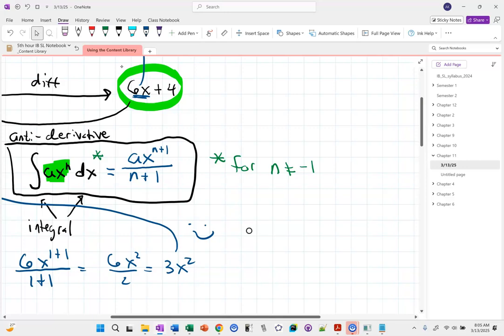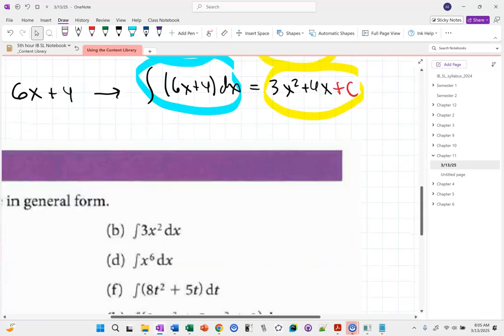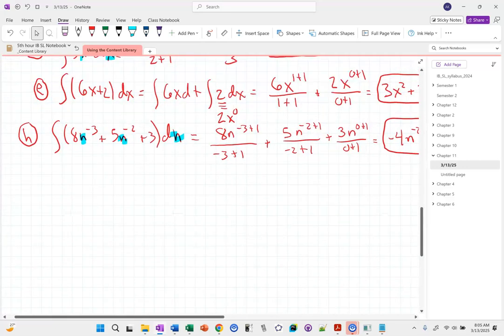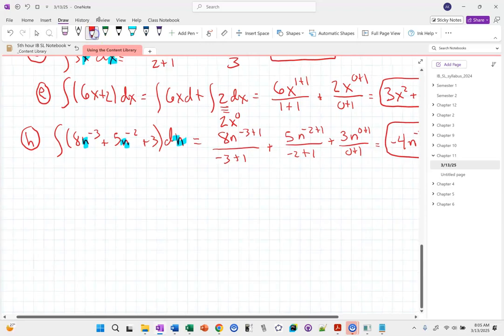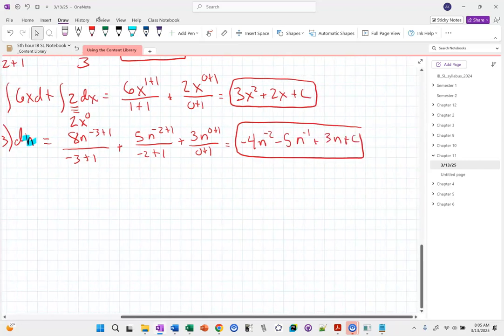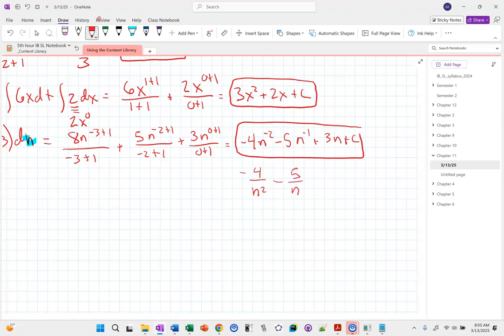Yeah, Alyssa. In the last example, if you want an exponent to the negative power for these ones, would it be -4 over n to the second power? You could write it that way too. That is definitely fine. That answer is also perfectly fine. It would just be a matter of what the directions are asking you to do.